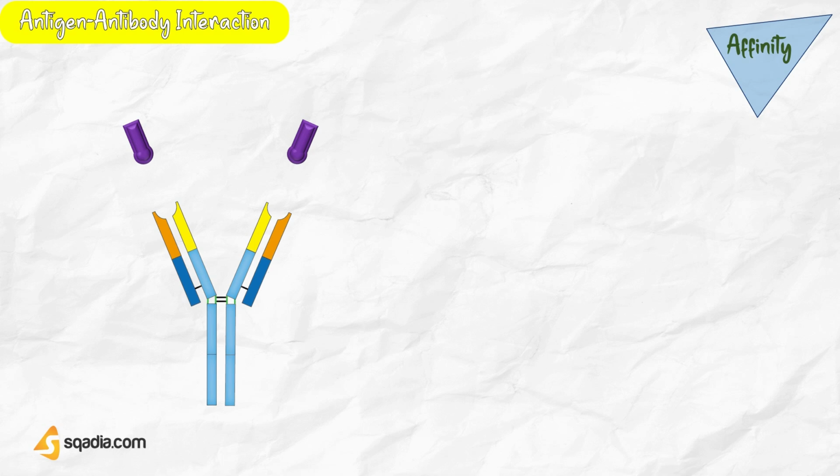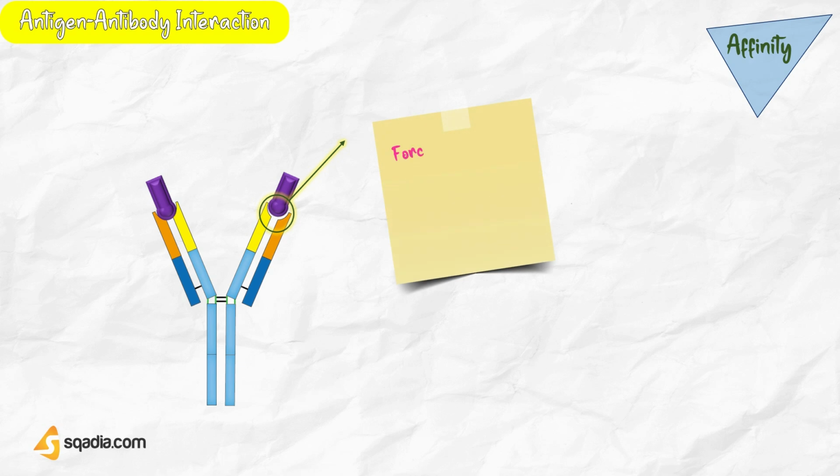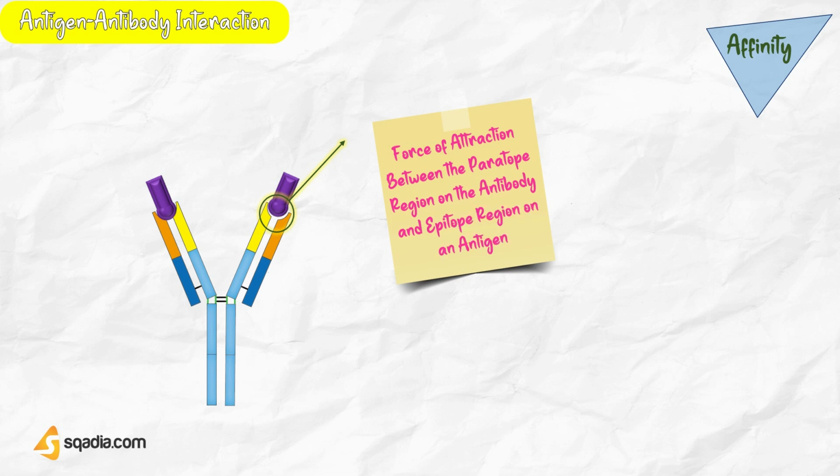We have used this word multiple times already, but what does it mean in the case of antigen-antibody interaction? Affinity of an antibody means the strength with which one paratope binds to the epitope. In simple words, it is the force of attraction between the paratope region on the antibody and the epitope region on an antigen.